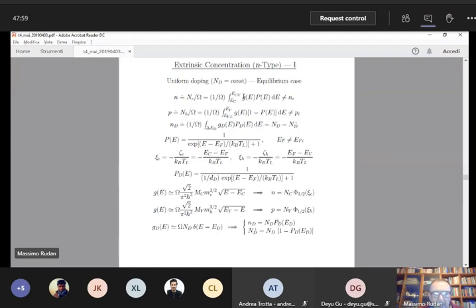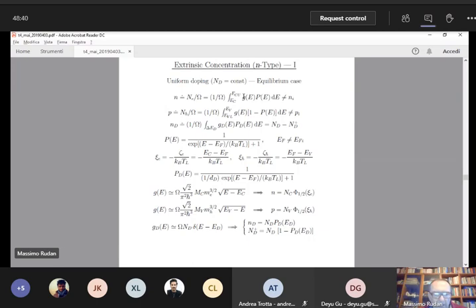So if you look at the equation that defines PD, you see that PD, that is the probability of occupation of a state at energy E of the donor states, is a modified Fermi statistics in which the exponential has a coefficient that is expressed as 1 over small d, d with d, okay?